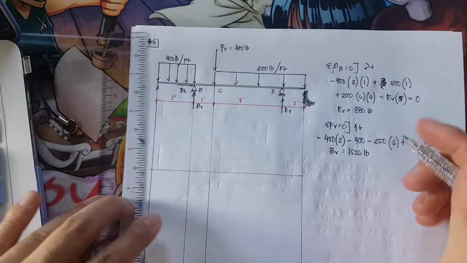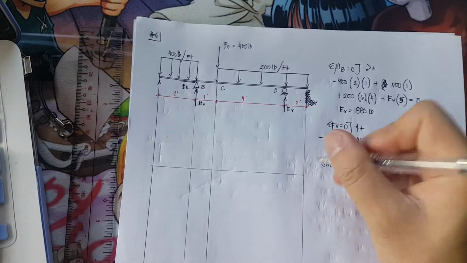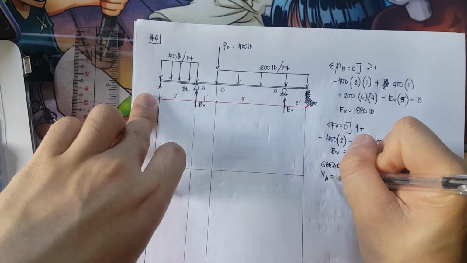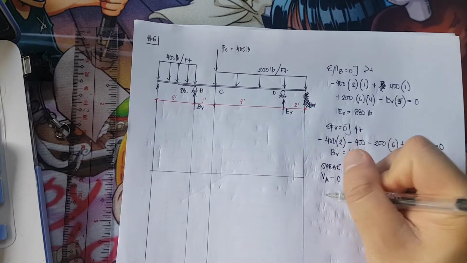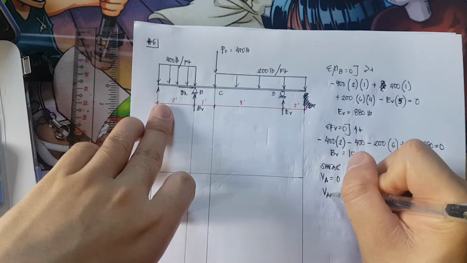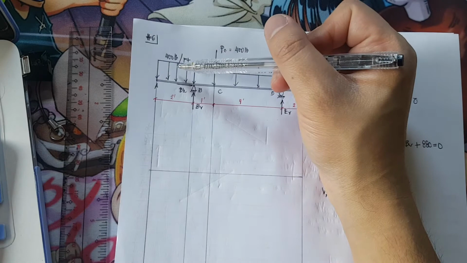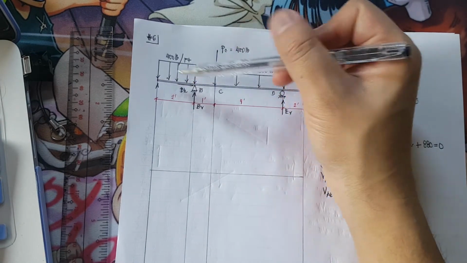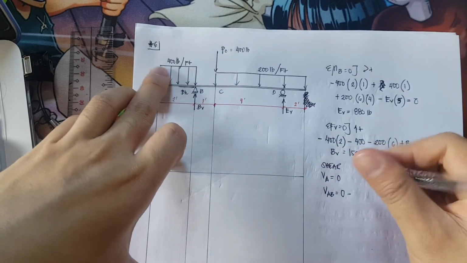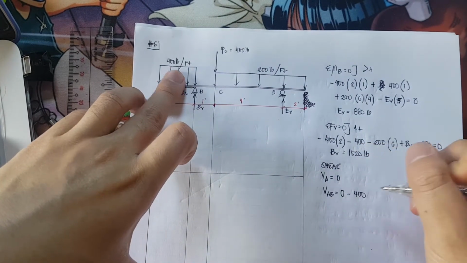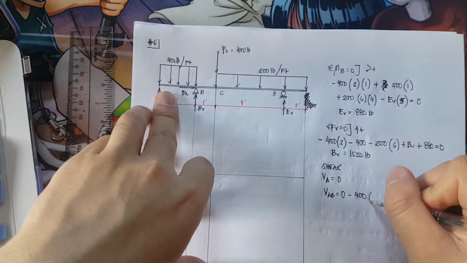So we have here at point A, for the shear, shear at A is equivalent to 0. Then we have shear AB is equivalent to 0 minus, because our load here is pointing downwards, so minus 400 times a span of 2.